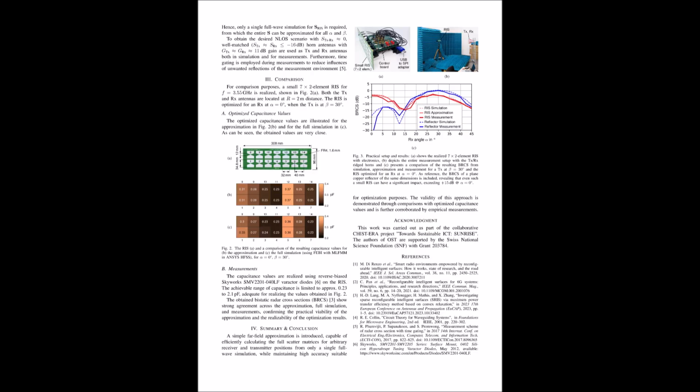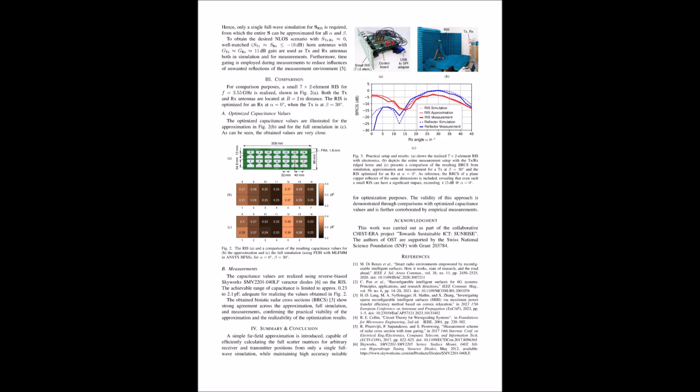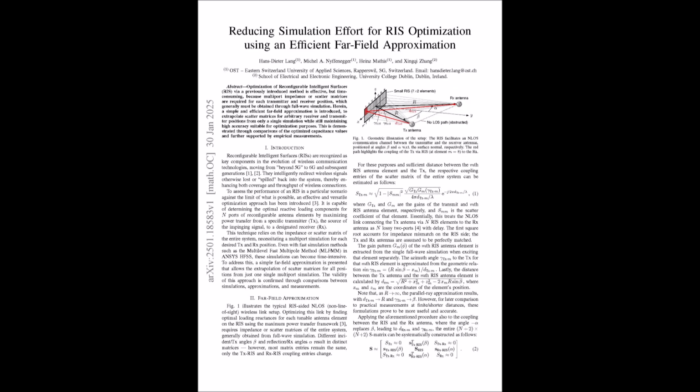It means this method could significantly accelerate the design and optimization of RIS for a whole range of applications. Imagine being able to rapidly prototype and test different RIS designs without waiting for those long, drawn-out simulations. It could revolutionize how we develop and deploy RIS technology. We could see a much faster adoption of RIS across many industries. That's exciting.